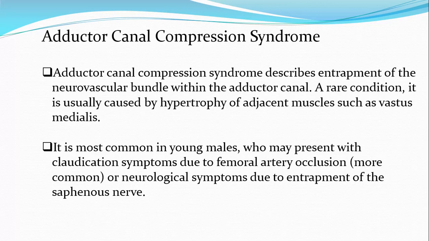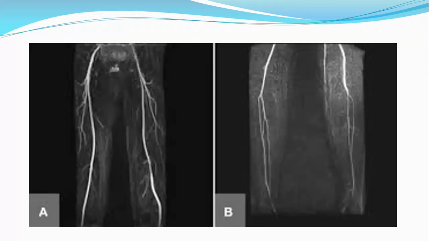How can adductor canal compression syndrome be confirmed? By doing angiography. So this is the normal one, where the blood is flowing normally in both the vessels. But here you can see the blood is somewhat flowing on the right side, but on the left side much less dye is going onward.